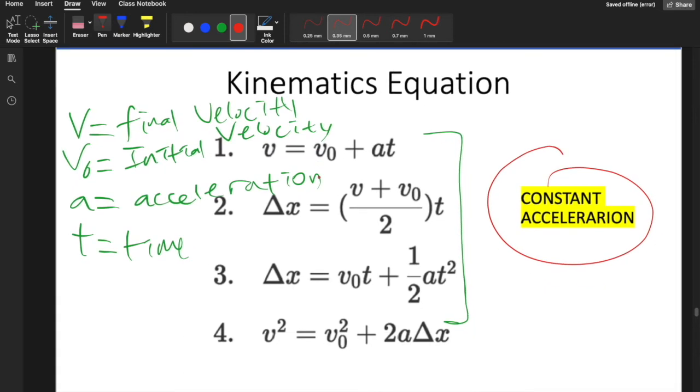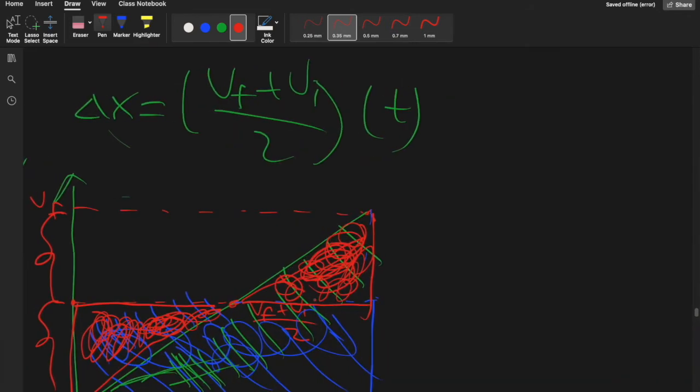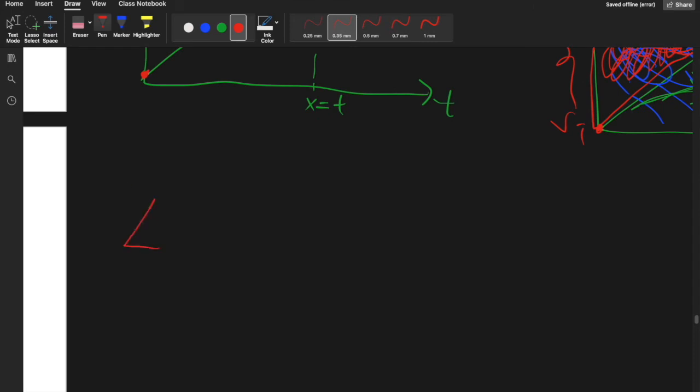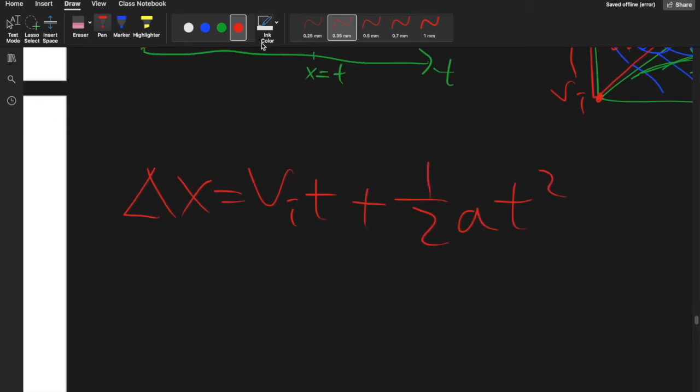The next equation might seem a little bit confusing, so I'm just going to do a proof for this equation. Delta x is equal to initial velocity times time plus 1/2 times acceleration times t squared. In this equation, what is missing? Final velocity is missing.